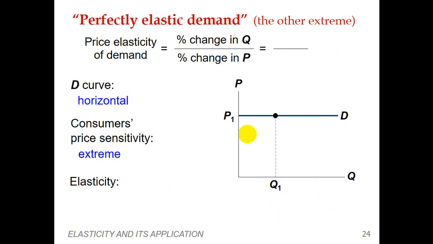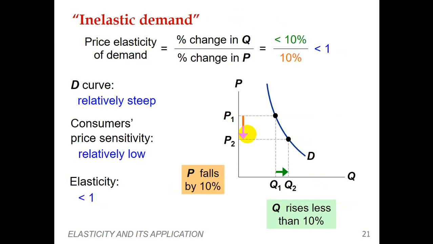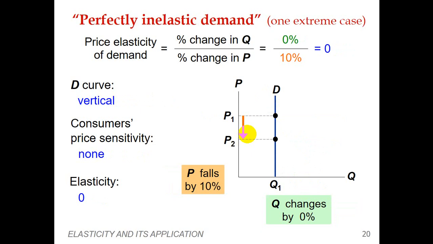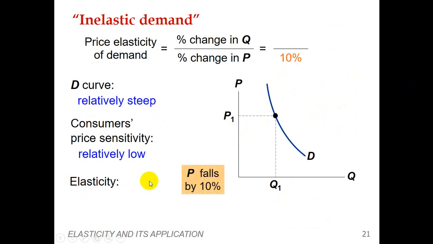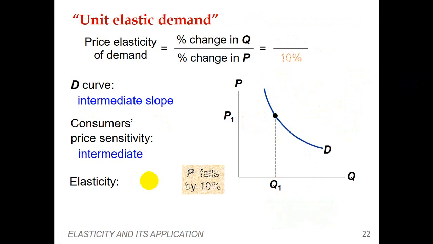But in the opposite case, the perfectly inelastic case, even a huge change in price results in no change in quantity demanded. So the first and fifth cases are the extreme cases, and the second, third and fourth cases are the intermediate cases.